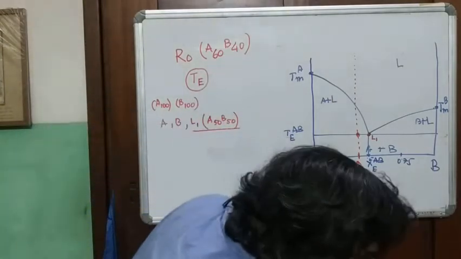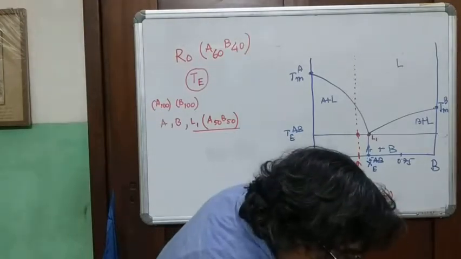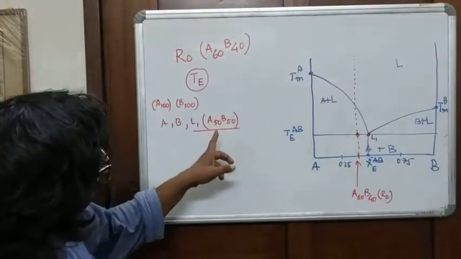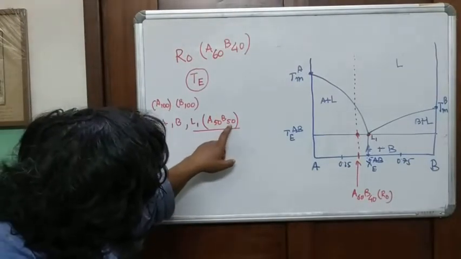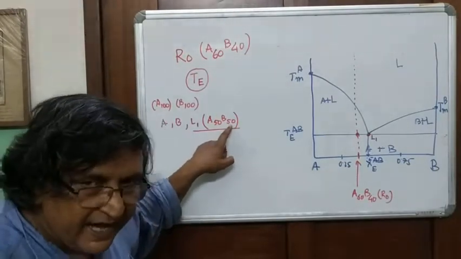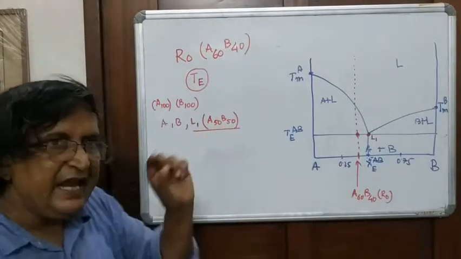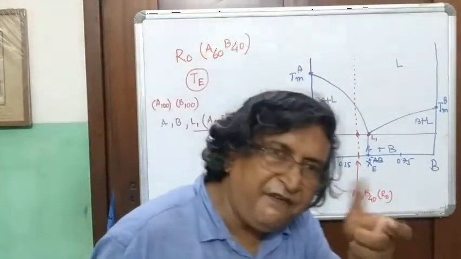Now when we melt, A60, B40, the composition that is A50, B50 will be extracted. That means A, B in ratio 50-50.